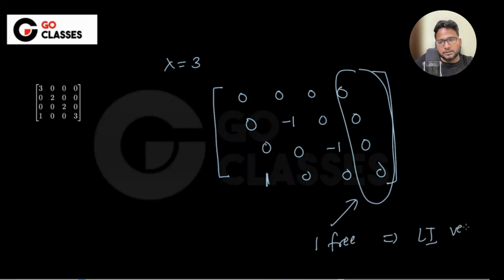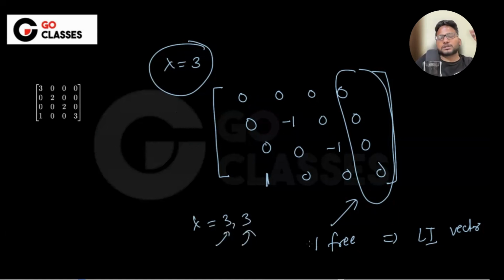Do you remember this? It means corresponding to lambda equal to 3, you have just one. But we need at least two because it is repeating twice. For this 2 also, we need one. So that's why there are no linearly independent eigenvectors. Got it?